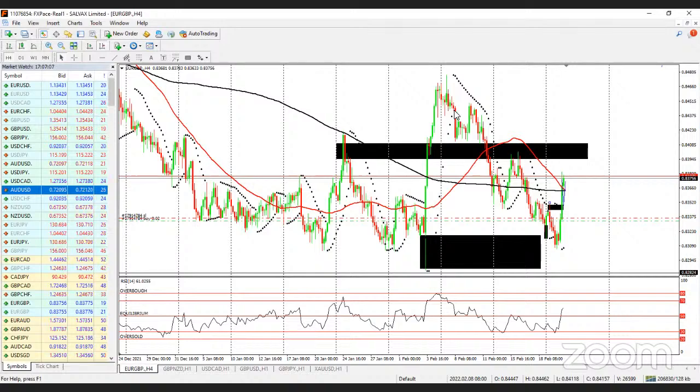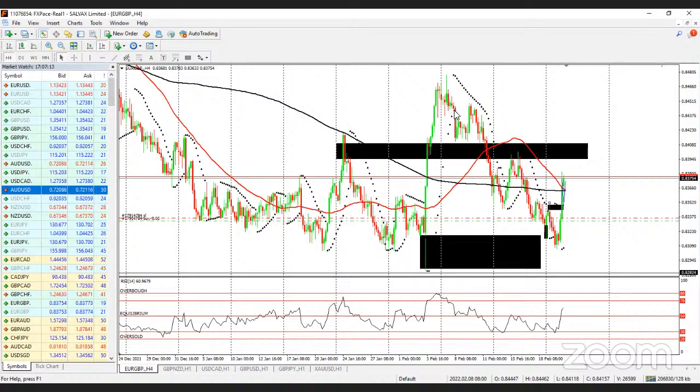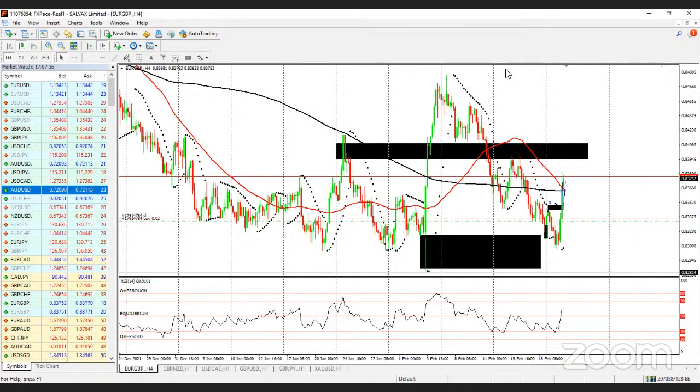Then the second question is: how do we use the FS calculator perfectly to determine your entry and your risk? And the third one is: when do you set the break even? Is it when you are, let's say, 50% in profit or 80% in profit, then you set your break even? Thank you.